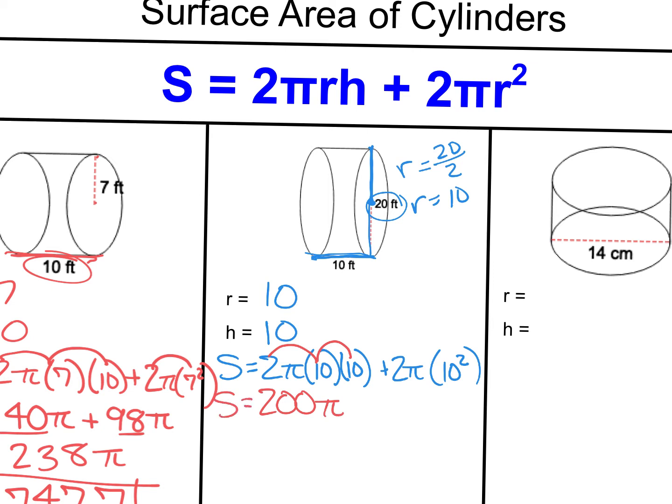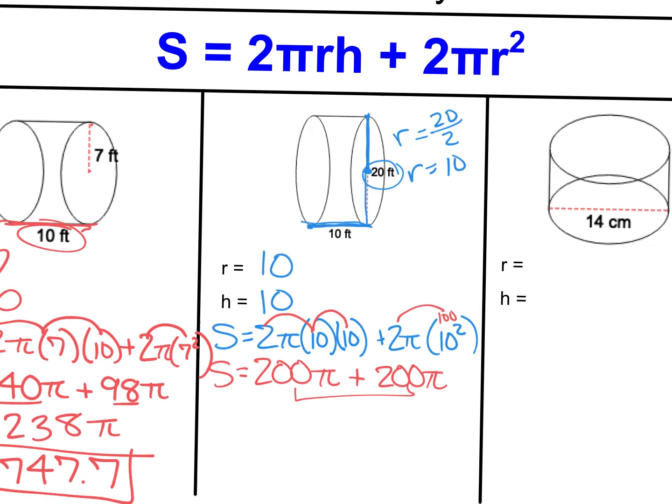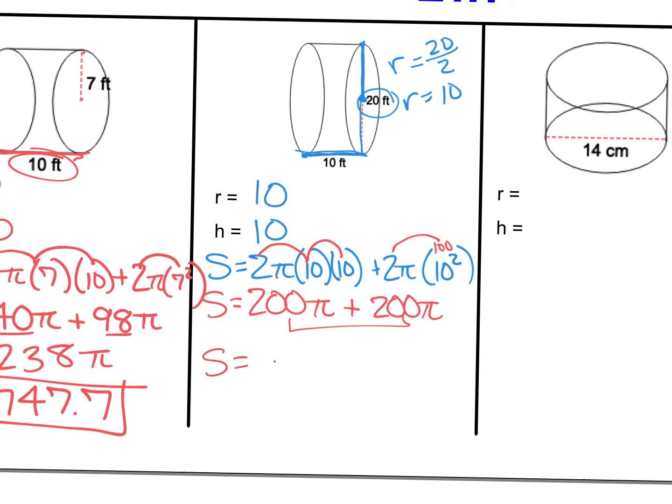So again, all I did was multiply the other numbers together and then just carry along the pi. It all still will be multiplied. And then I have 10 squared, which will give me 100, times 2, which will give me, again, 200 pi. So I'm going to add these together. That'll leave me with 400 times pi.